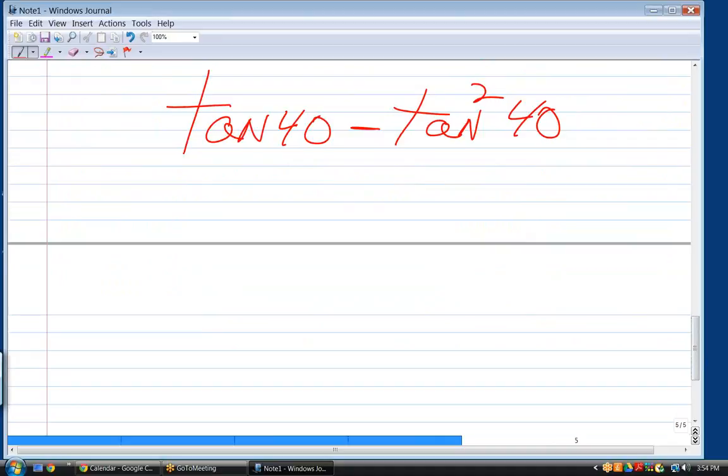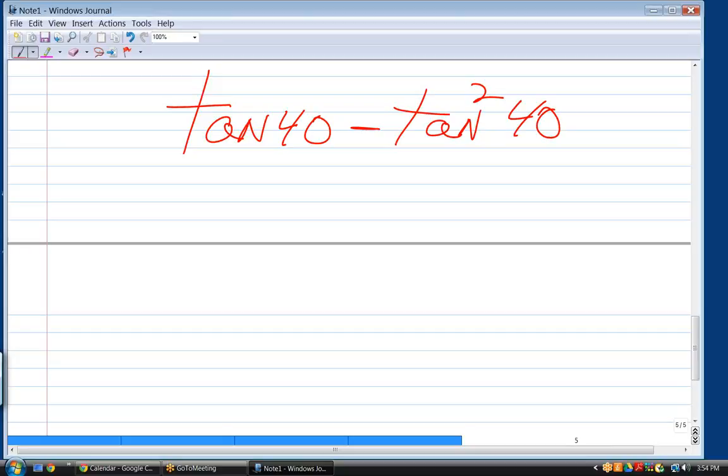Can I simplify this? No. Well, I could factor out a tan of 40. Is this problem in the set of problems that says just simplify, or do they want a number for an answer? It just says simplify.